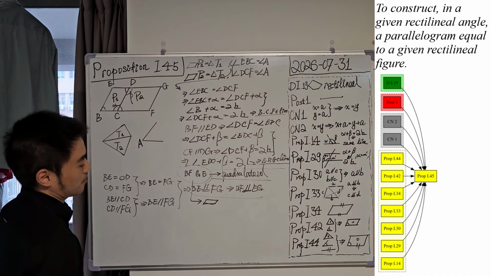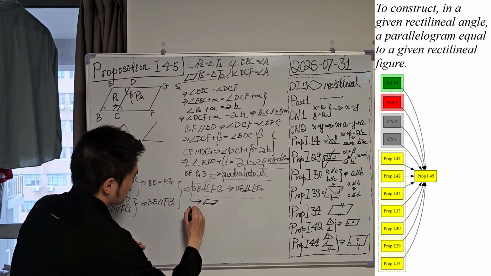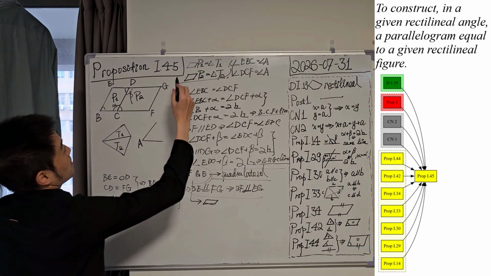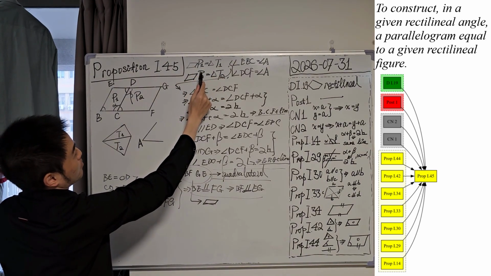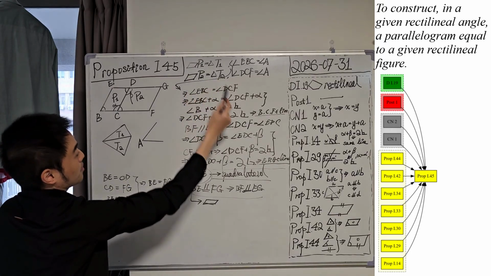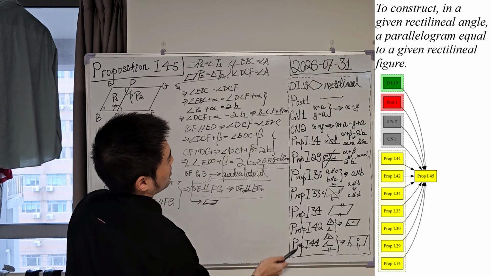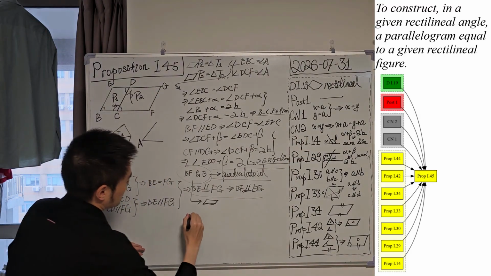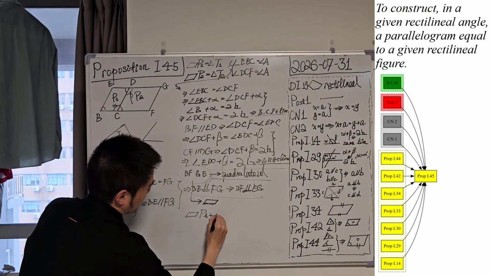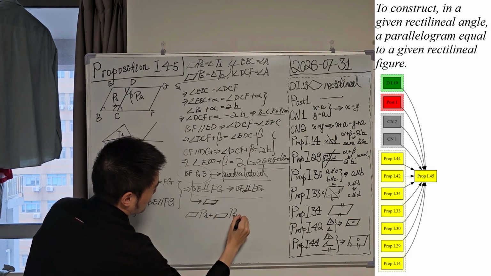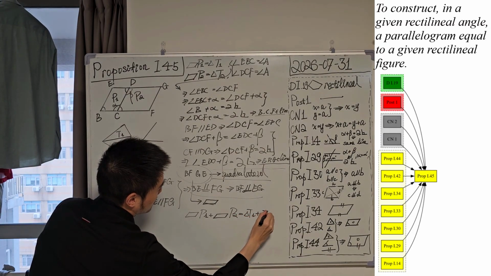And let me check. Okay, sorry, I forgot to prove the area. So we know that parallelogram P1 equals triangle T1, and P2 equals triangle T2. So if we apply common notion 2, we know that parallelogram P1 plus parallelogram P2 will be equal to triangle T1 plus triangle T2.